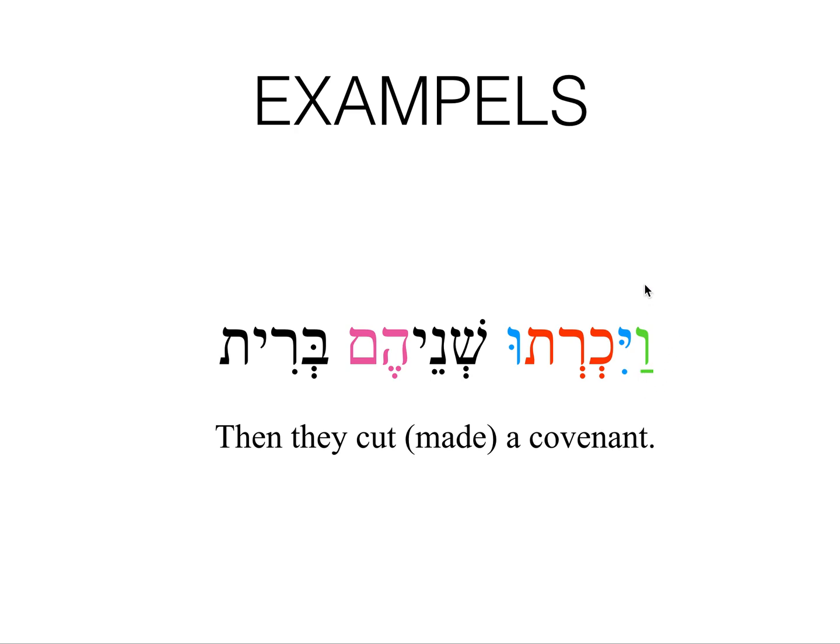So the translation, then they, plural 3M, then they cut, the two of them, a covenant. Or in English we can say they made a covenant. Literally in Hebrew it's they cut a covenant, but in English we can just translate and then they made a covenant, the two of them, literally.